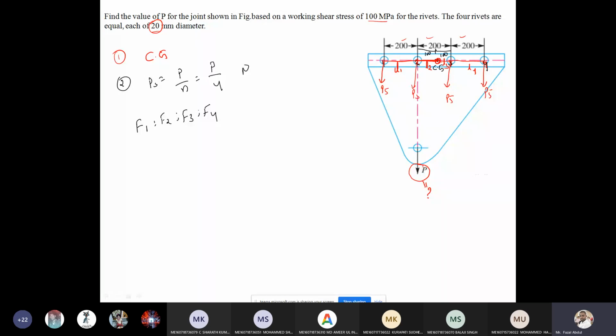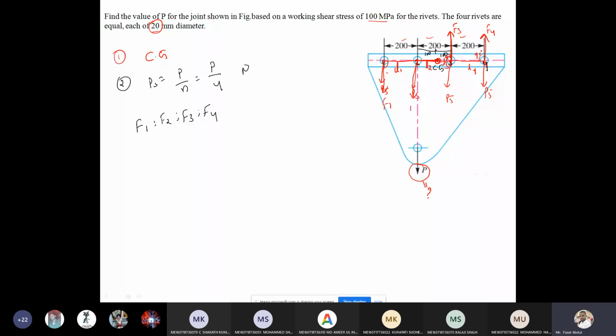The first one, F4, is going to generate in the opposite direction, perpendicular to the line joining the center. F3 is also perpendicular to the line joining the center. F1 is perpendicular to the line joining the center.